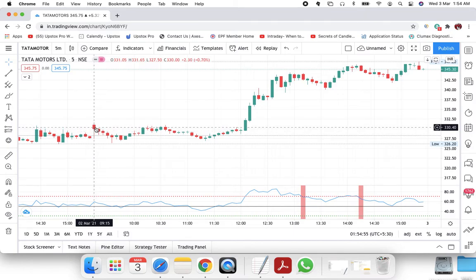If you see here, 9:15, the first 5 minutes candle opened as a red, that represents the sellers are active, and then the 9:20 candle opens at the close of the 9:15 candle, and that is also a red, and it confirmed the downtrend is starting.